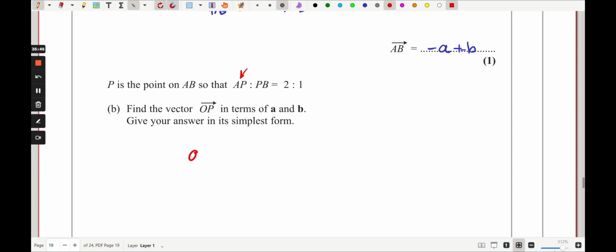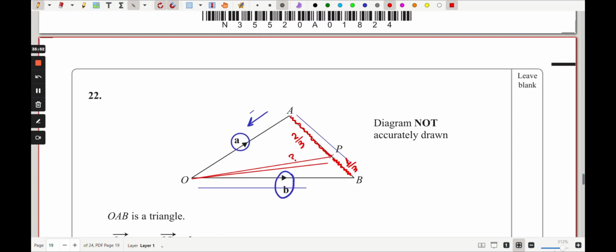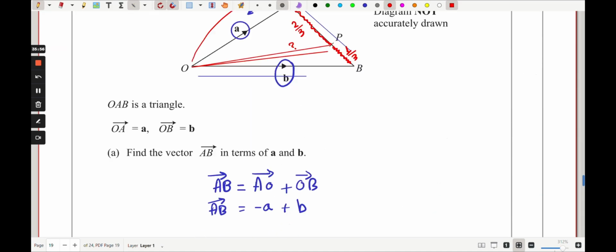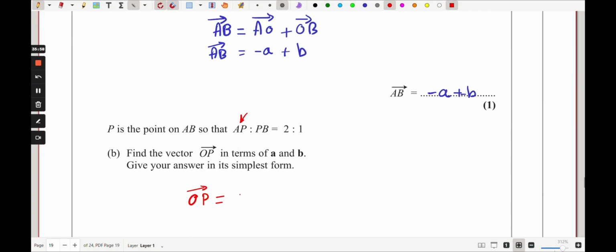So vector OP equals vector OA plus vector AP, this one here.